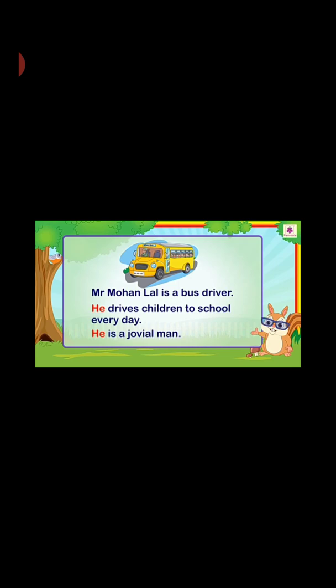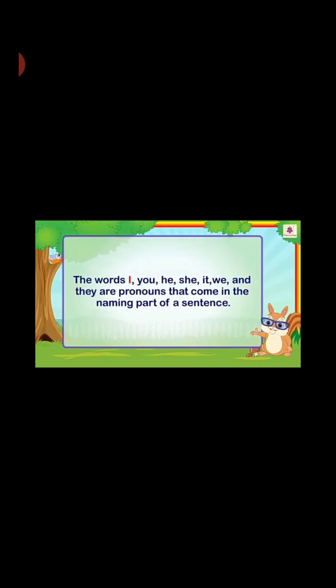The words I, you, he, she, it, we and they are pronouns that come in the naming part of a sentence. You can also come in the telling part.